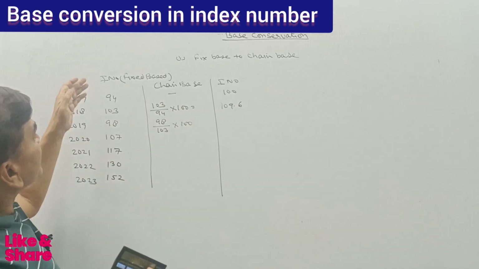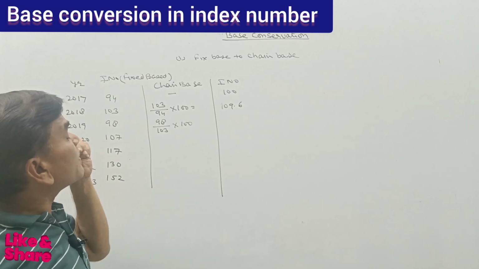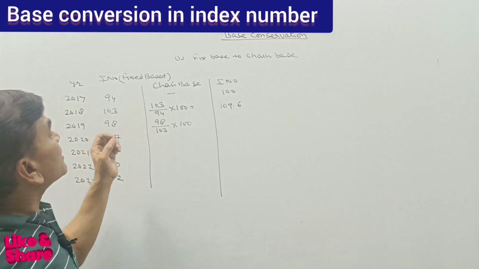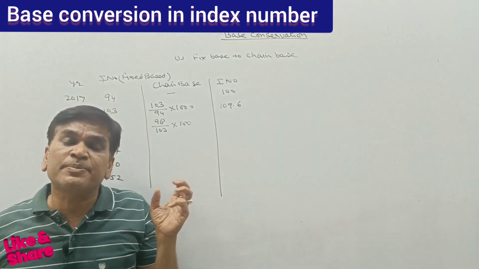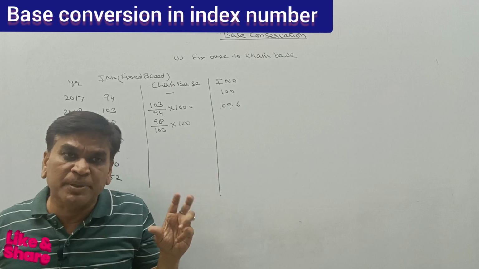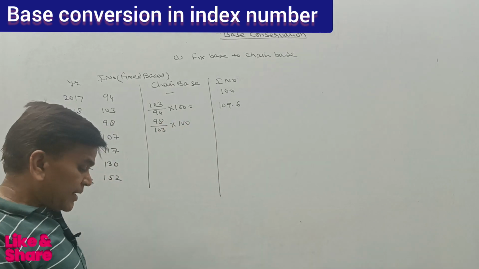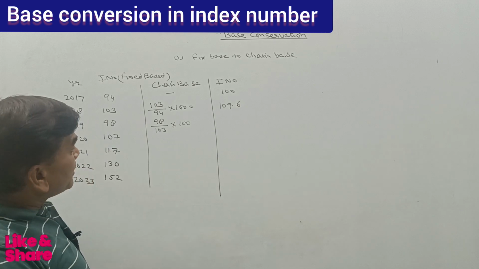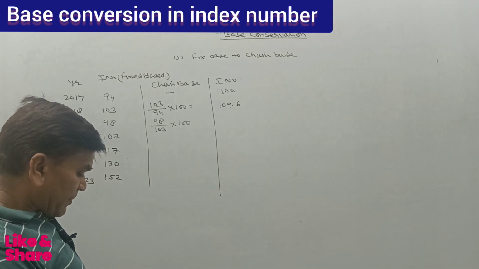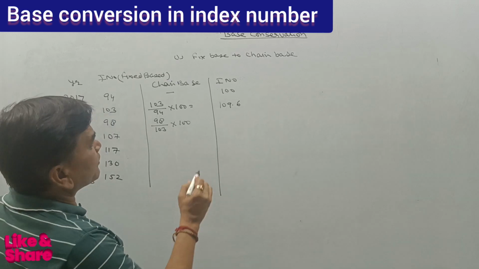Because this is a fixed base index number, for changing it into chain base, the fixed base index number of the current year is divided by the fixed base index number of the previous year, multiplied by 100. So that is 98 divided by 103 multiplied by 100, which gives 94.14.